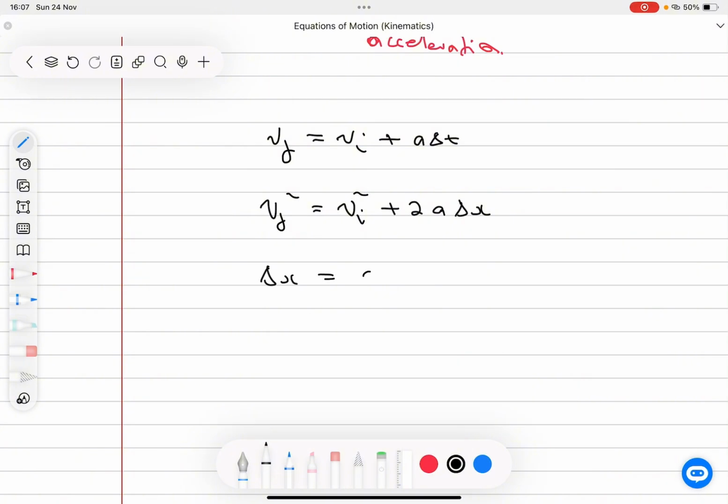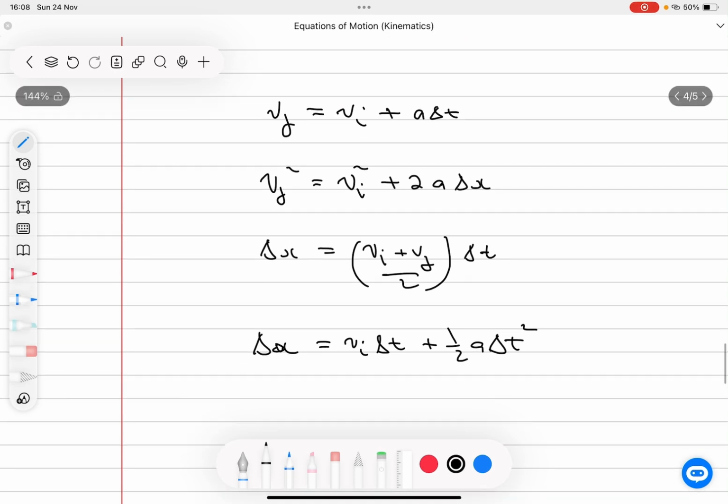The other one says the displacement is equal to the average velocity, because we're adding the 2 and dividing by 2, times the time. So it's the product of the average velocity and time. And the last equation says delta x is equal to the product of the initial velocity and time plus half the acceleration times the square of the time.